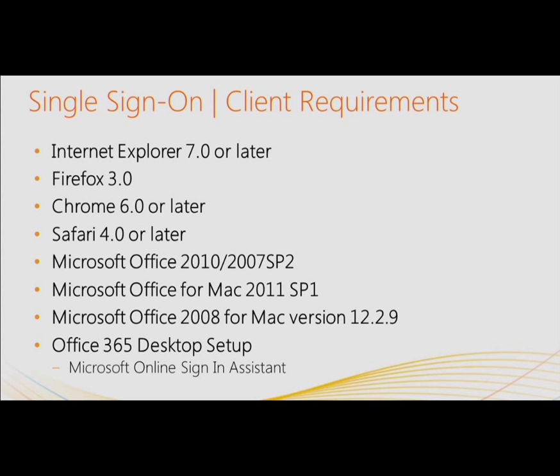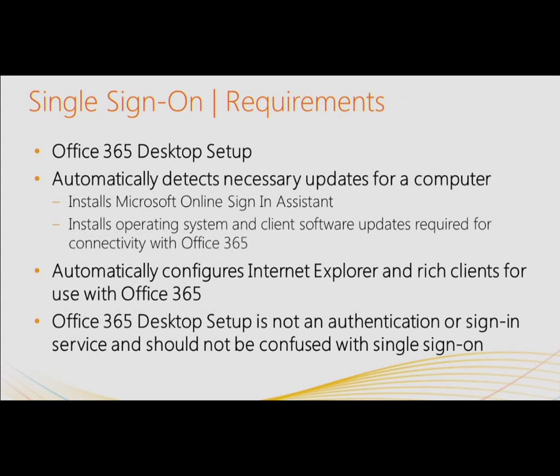It is also strongly suggested to prepare your desktop, as we said before, using the Office 365 desktop setup, which will also install the Microsoft Online Sign-in Assistant that will help your client access the Office 365 infrastructure, so the portal, OWA, Exchange, SharePoint, using single sign-on. This is a requirement this time.